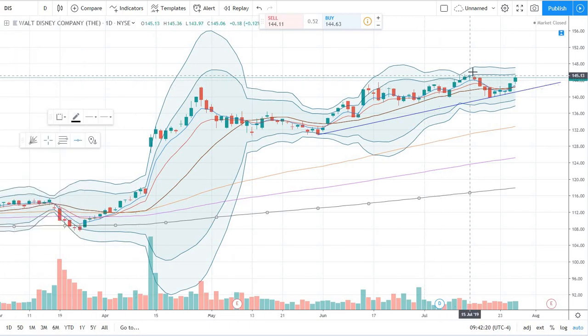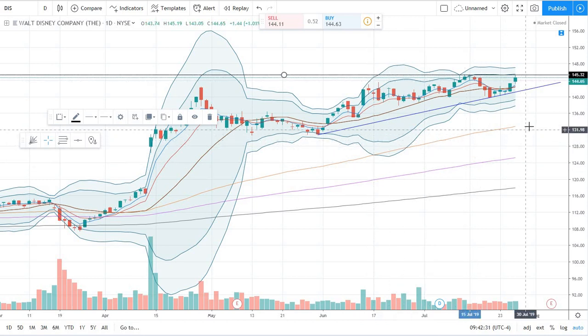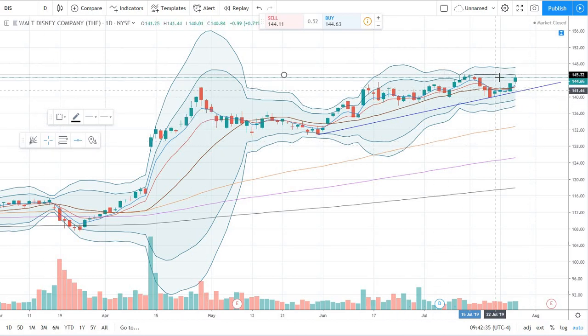So we're looking for the breakout of this. We'll call it 36. I think that's off by a couple pennies, but we'll go with that. So this one's going to be a breakout, or we're going to catch it on the back test to this trend line here.